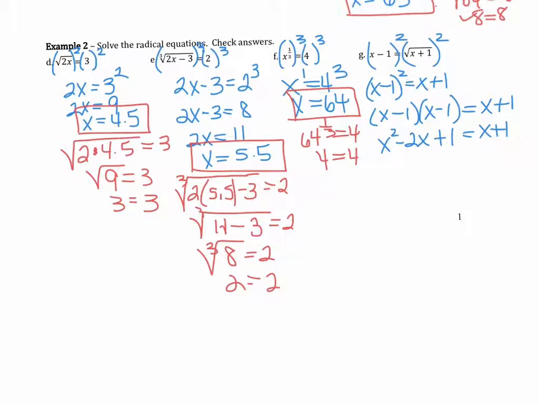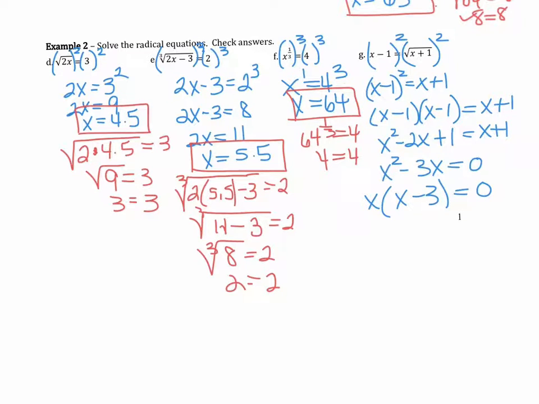In order to set the equation equal to 0, I'm going to subtract x from both sides and subtract 1 from both sides. So I get x squared minus 3x equals 0. Now that the quadratic equation is set equal to 0, I can factor it using the greatest common factor. So x times x minus 3 equals 0.